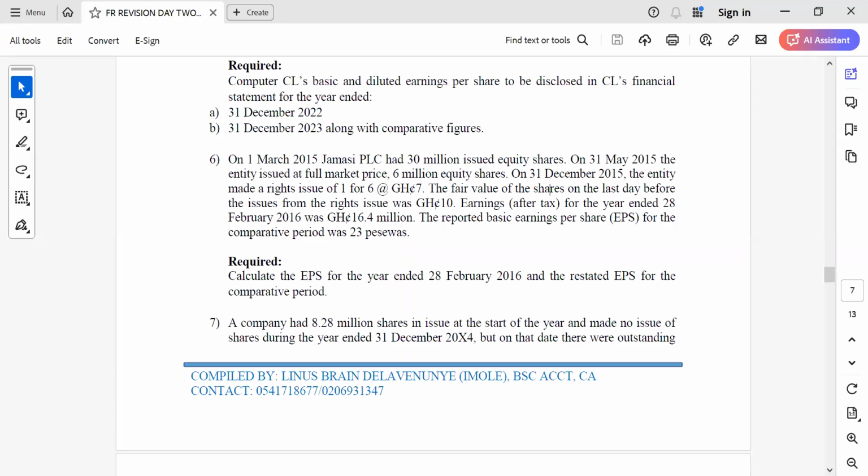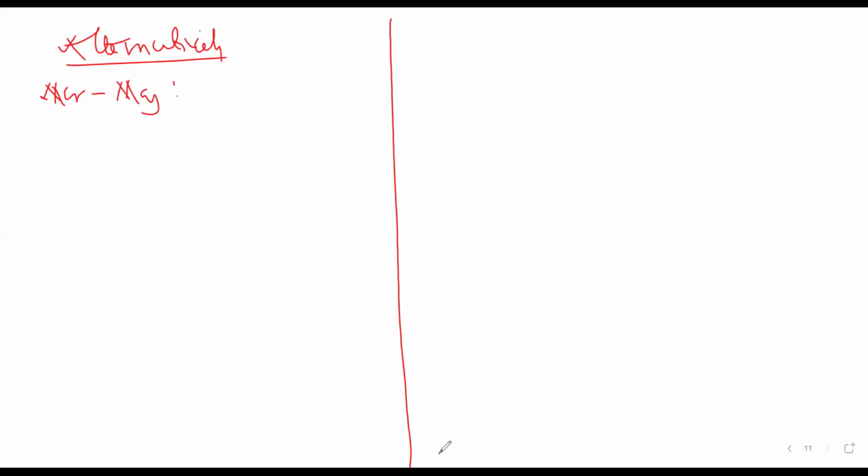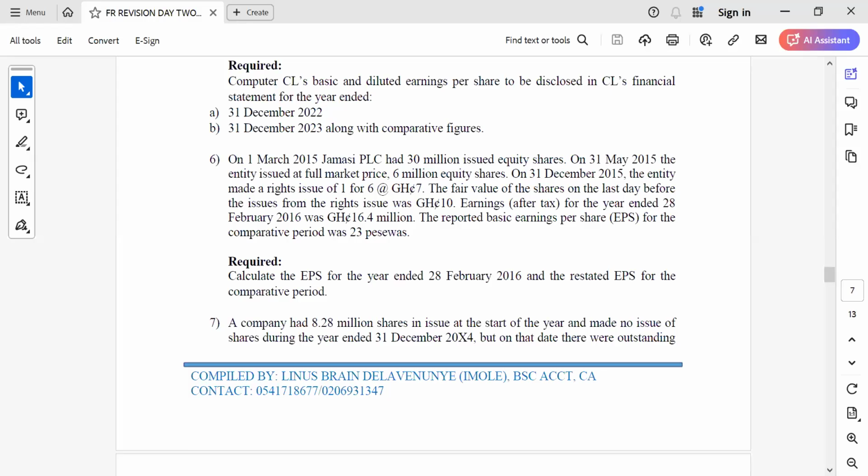So we multiply the 30 million by the 70/67 multiplied by 2/12. March to May, that is 2 months.